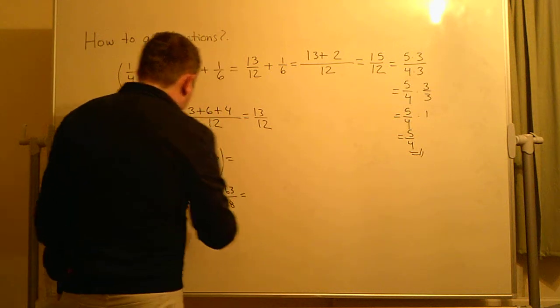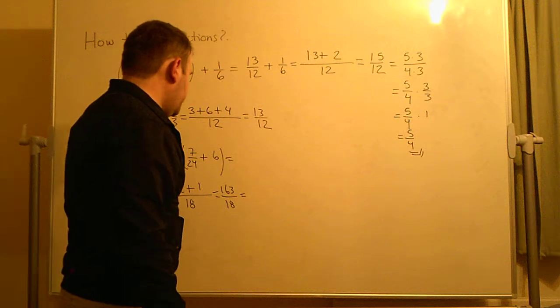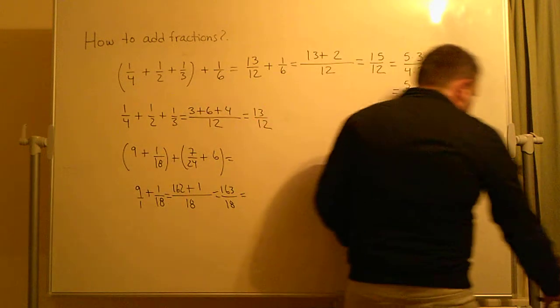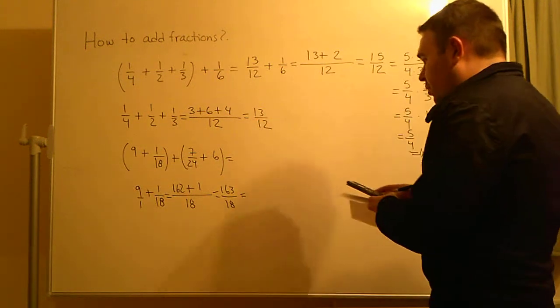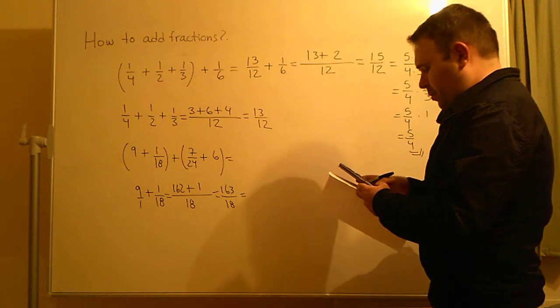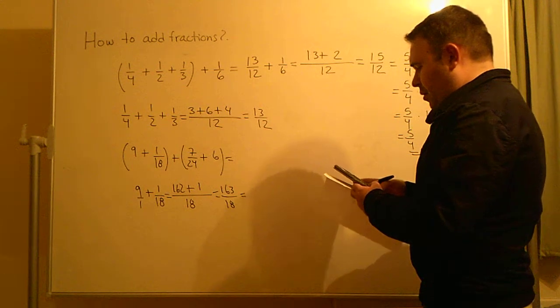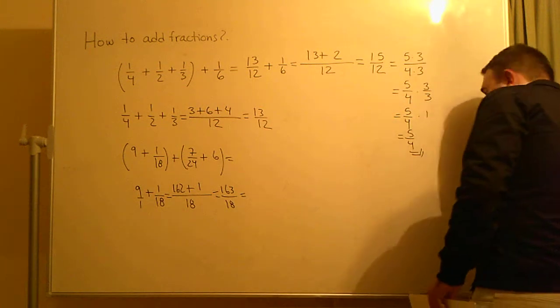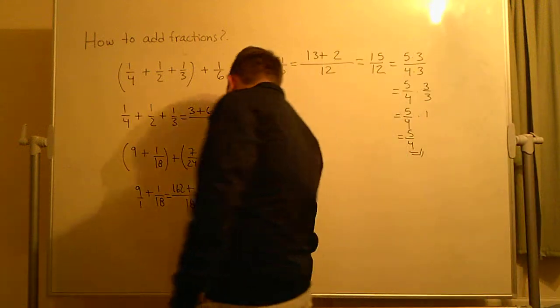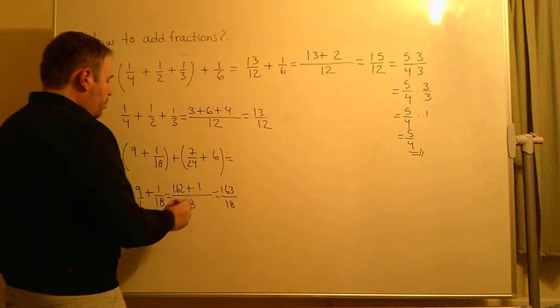We can try to simplify this before carrying on with the other bracket. 163, let's see if it can be divided by 3. I suspect it can be. No. No, in fact it cannot be simplified. Yeah. You can try to simplify it at home, but you will see that you won't be able to.